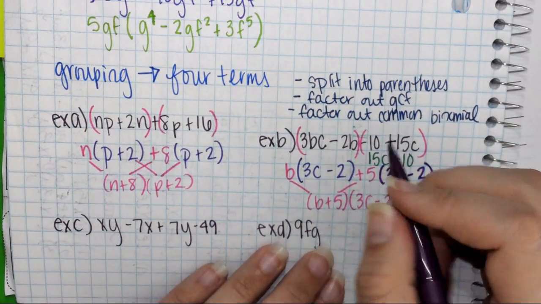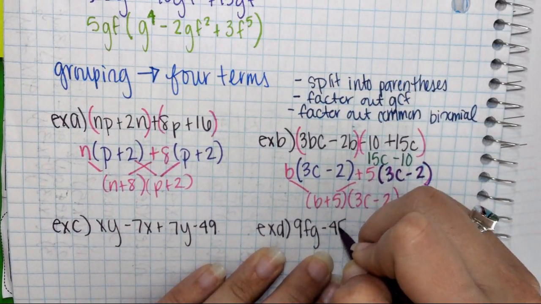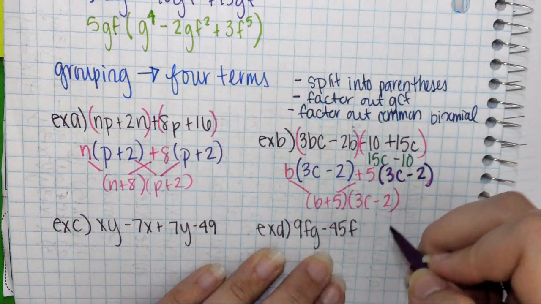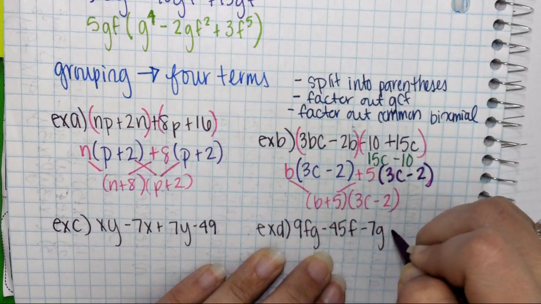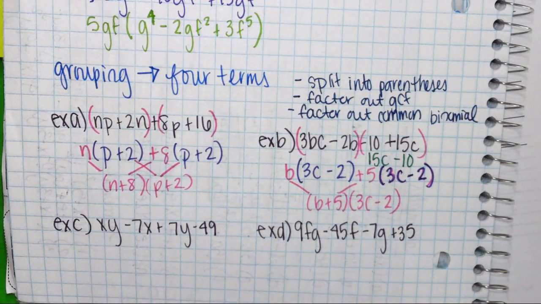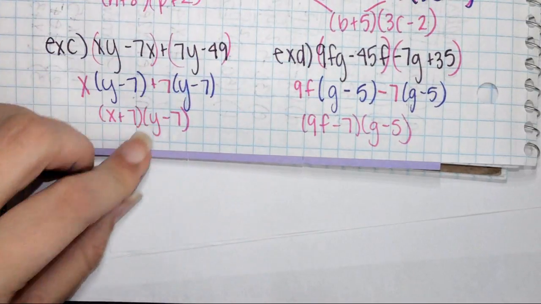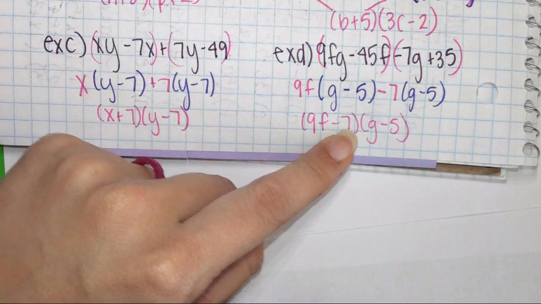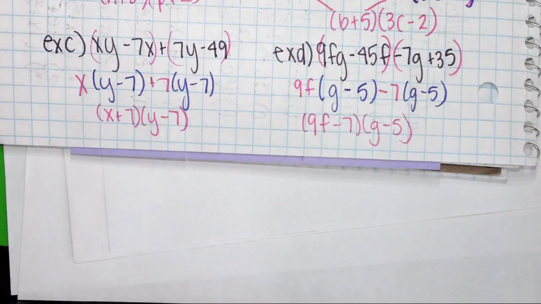Avery. Alright, I got x plus 7, y minus 7, 9f minus 7, and g minus 5. Now, I don't know why you're so loud, but you need to stop.